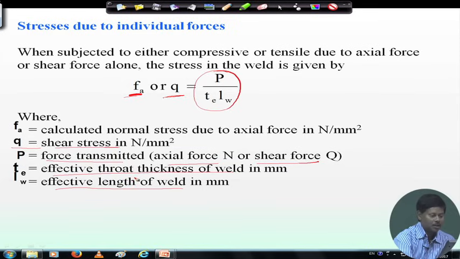So, the compressive stress or tensile stress, meaning normal stress, and the shear stress can be calculated from this formula, P by T_e into L_w. P is the axial force or we can consider it as a shear force, and T_e into L_w is the effective area of the weld zone.